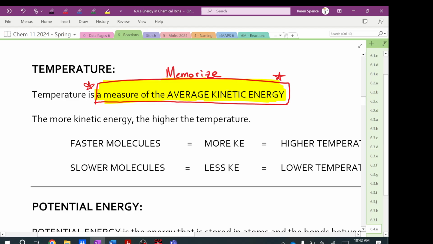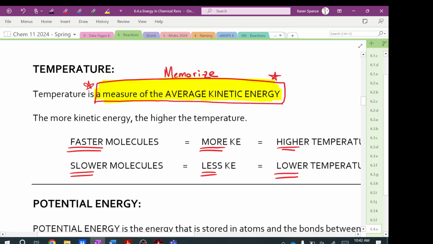So basically, if you have faster molecules, you have more kinetic energy. And if you have more kinetic energy, what's the temperature like? Temperature is higher. If you have slower molecules, you have less kinetic energy and your temperature is lower, okay?